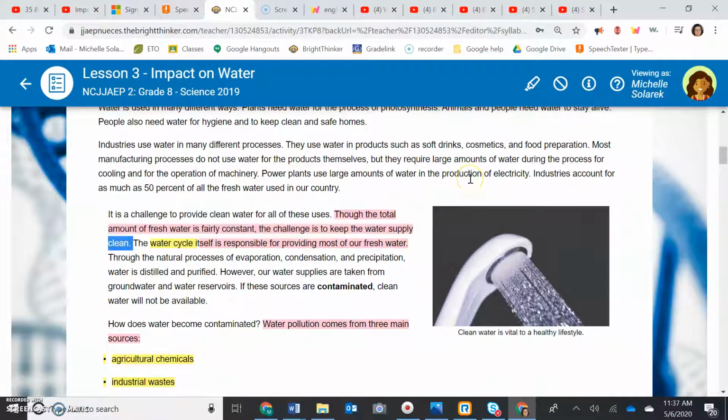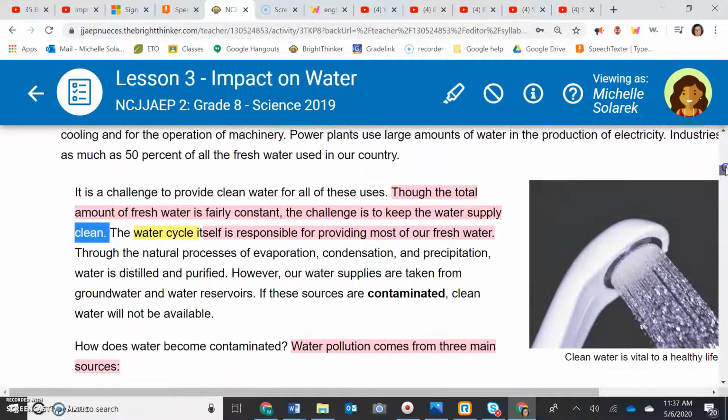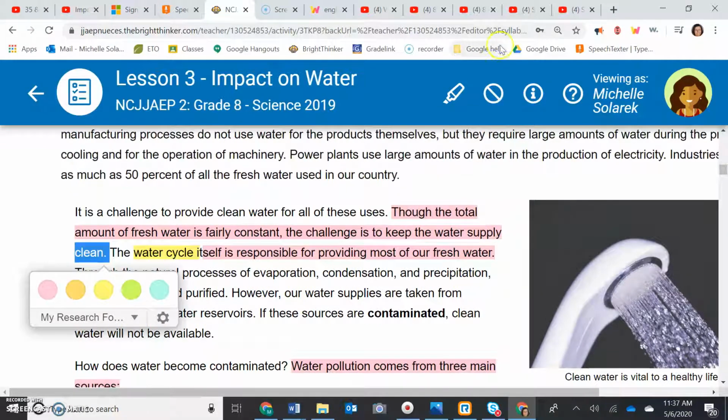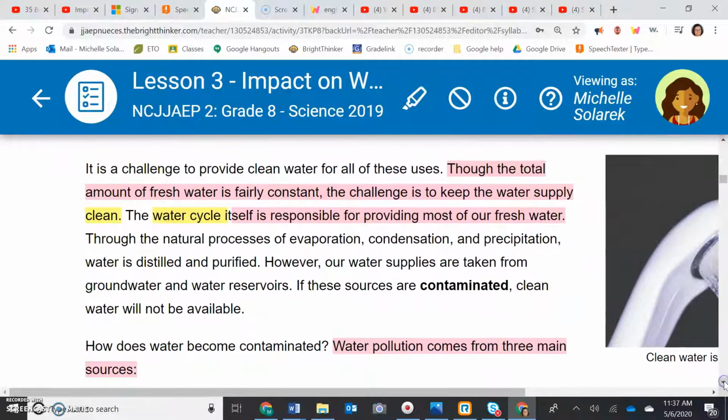Let me make this a little larger for you while you write down the word clean for number 1. See it right there, number 1. There we go. Okay, the challenge is to keep the water supply clean.